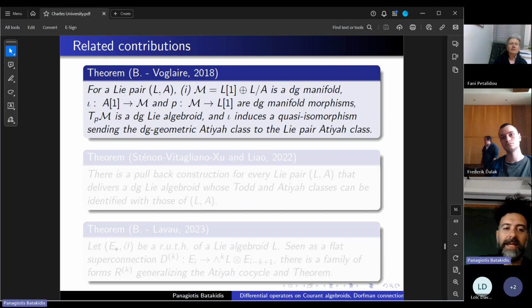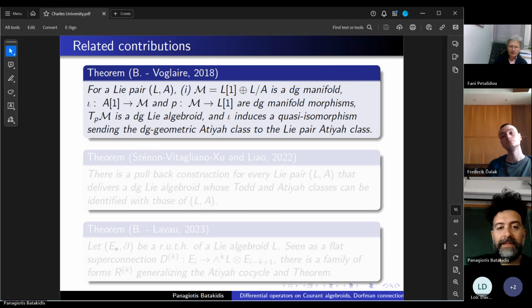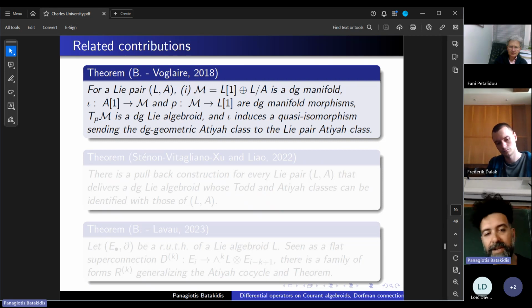And a Lie pair that I'm assuming at the beginning of the statement is, again, just a Lie algebroid L with a Lie subalgebroid A. And we show that this direct sum is a DG manifold, and the inclusion and projection behave well as DG manifold morphisms.